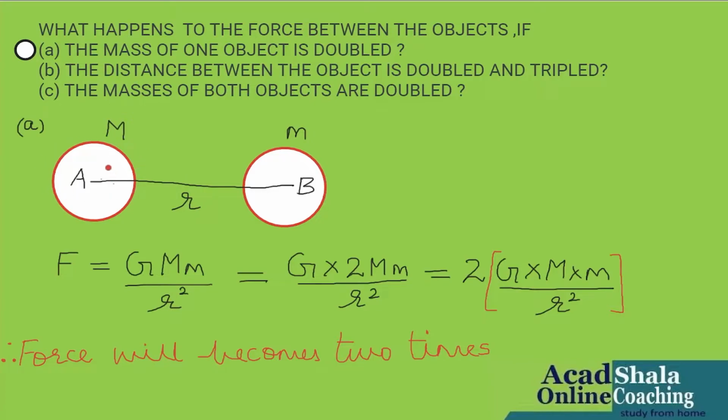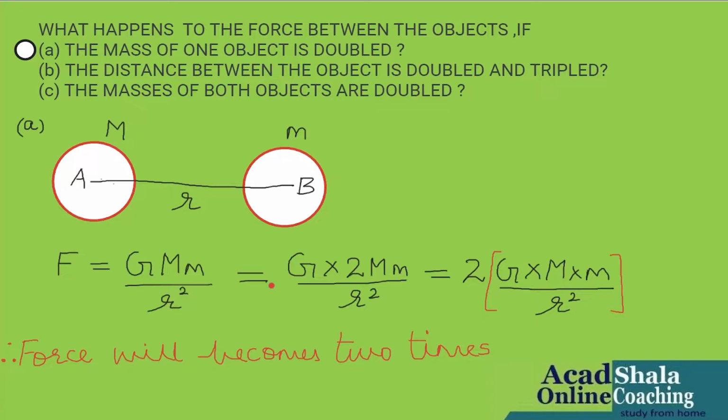I have shown the two masses, that is of the objects A and B, and the distance between the two, R. So the diagram is in front of you. Now after this I will put the expression over here: F is equal to G M small m upon R square. Okay, I have written it.